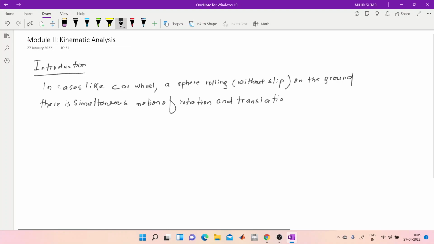For example, consider a link. Let's say we have one link AB. The link AB is moved from its initial position to here. Now it comes to this position.